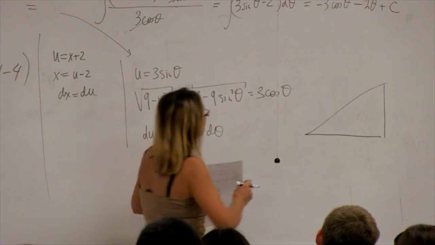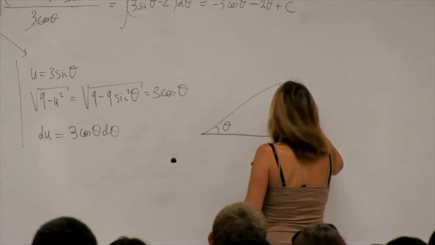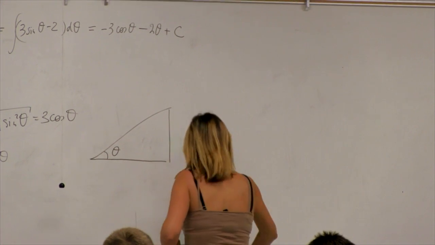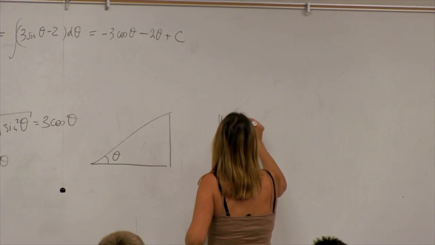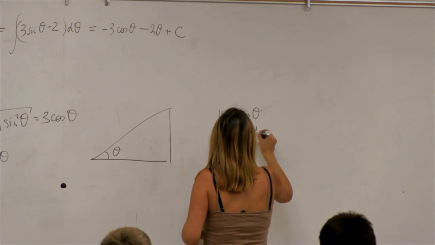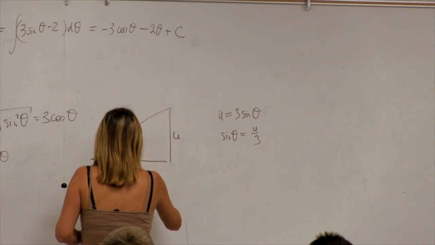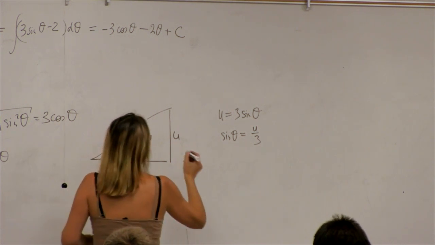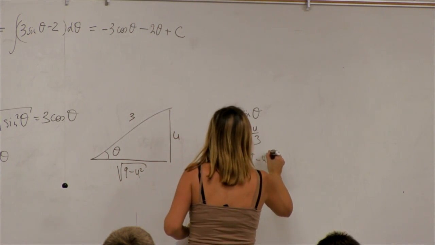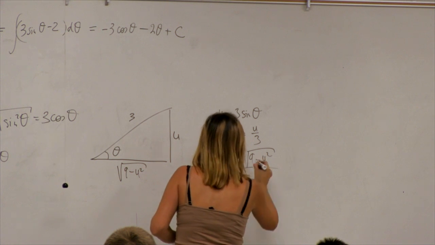From my definition, u is 3 sine theta. So sine theta is u over 3. So I assign this to be u, and this is 3, and this is the square root of 9 minus u squared. Therefore, cosine theta is calculated easily like this.